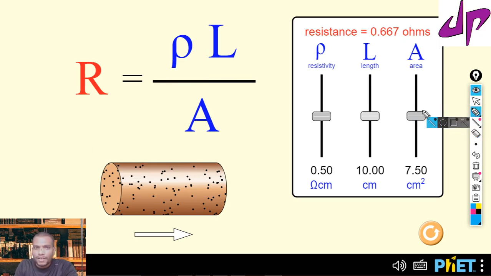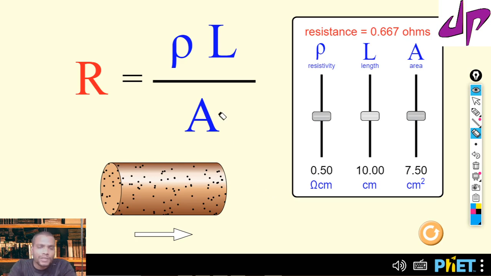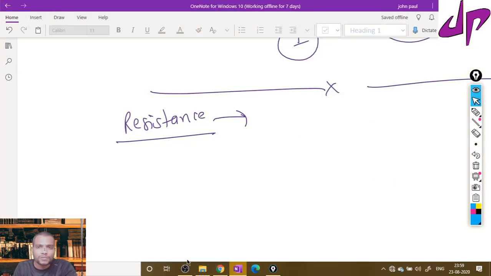Now we define resistivity in terms of ohm meter or ohm centimeter. In the next concept we will see how resistance occurs, or what could be the exact reason for resistance, and how it comes to exist in nature.